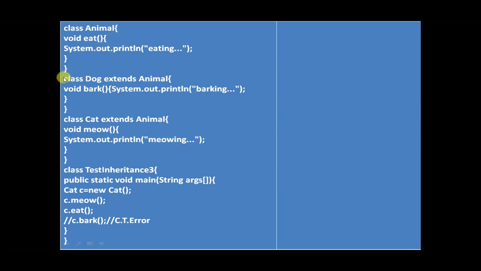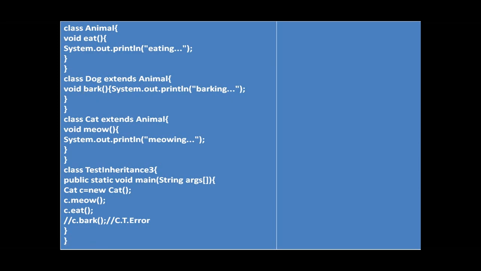Okay. Now we create a dog class with the method bark. So the dog class has two methods. First is eat and second is bark. The eat method comes from the animal class and the bark method is the dog class's own method.